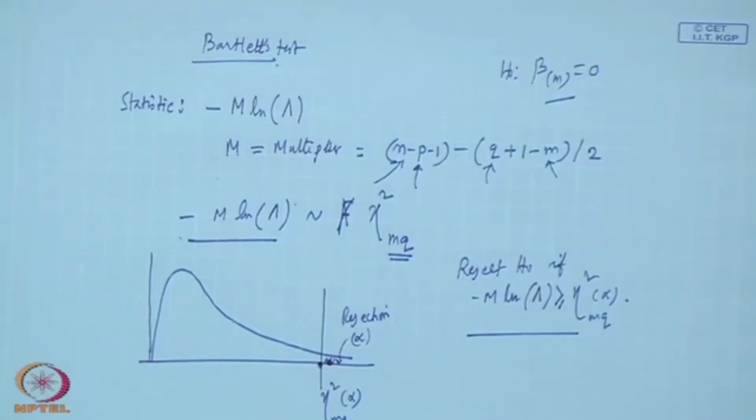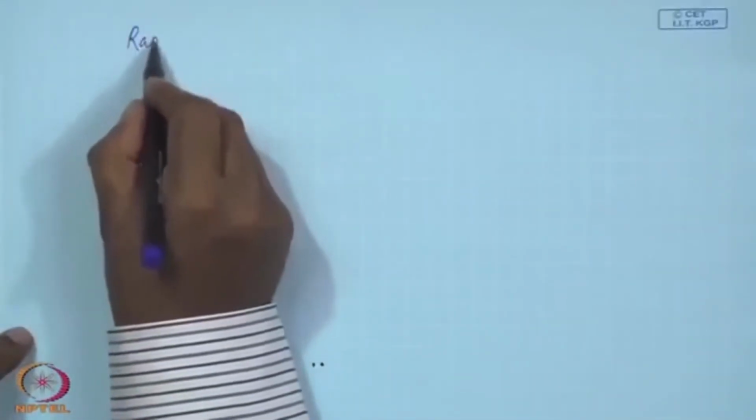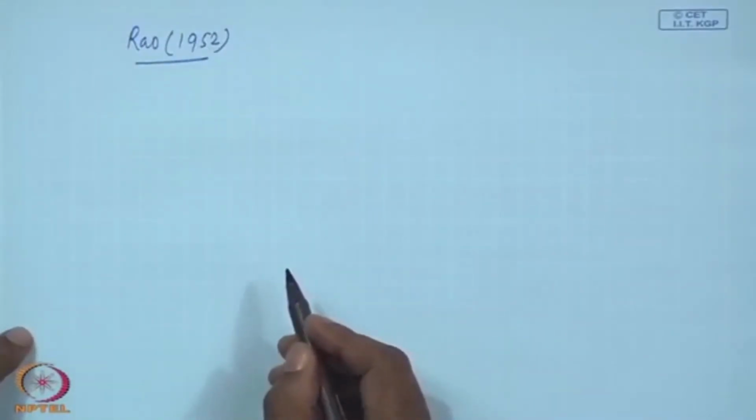Okay. Now, second one is Rao's statistic. In 1952, Rao gave a similar statistic for Wilks lambda.